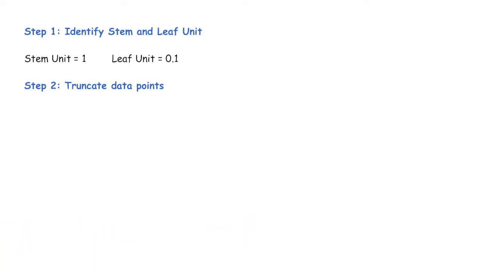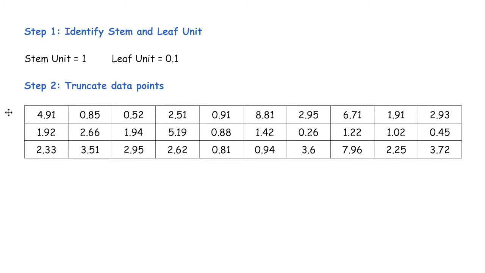To make sure you better understand that, let's have a look at our sample values and truncate the data points to the closest leaf unit. Let's eliminate any decimal after the first decimal. For example, a value such as 4.91 would be displayed as 4.9. A value such as 0.85 would be displayed as 0.8.